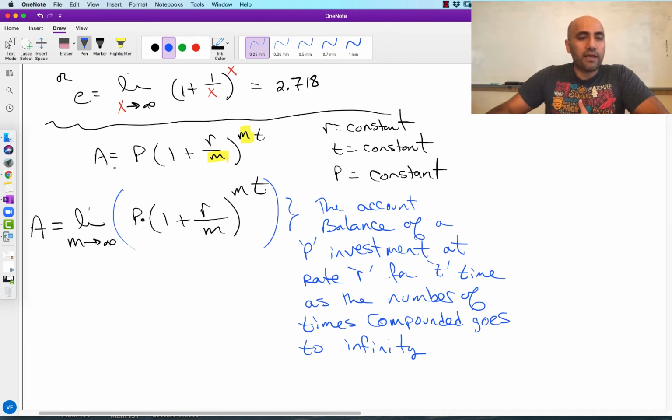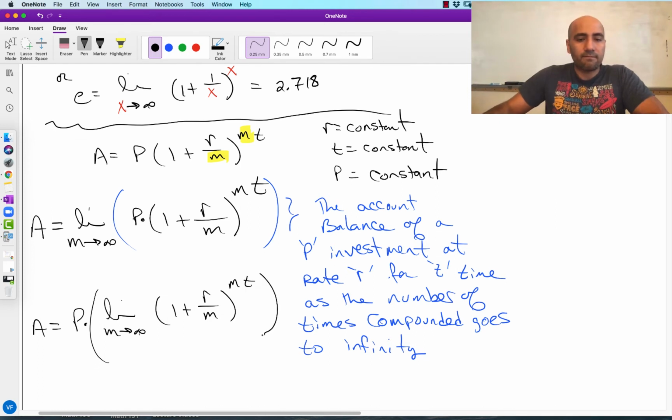So we can pull it out in front, right? Our understanding of limits tells us that we're allowed to do that. So this is going to be equal to P times this limit, the limit as m goes to infinity of 1 plus r over m to the power of mt.